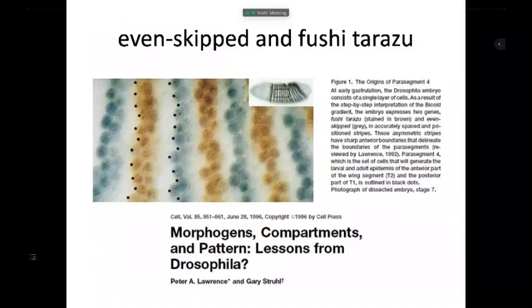So here we have our pair-rule gene expression, and this is even-skipped and fushi tarazu, or even-skipped and odd-skipped, and we can see this alternating pattern of expression of these transcription factors, accurately spaced. They have sharp anterior boundaries that delineate the boundaries of the parasegments.